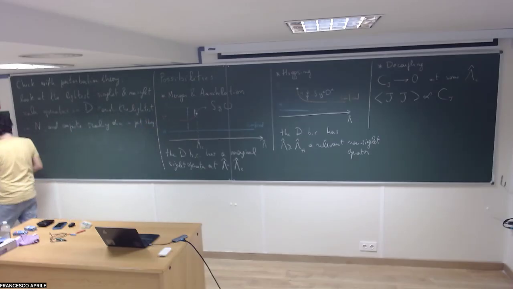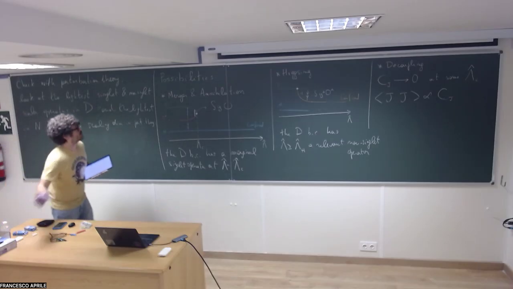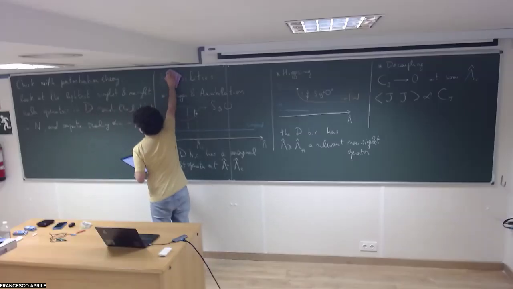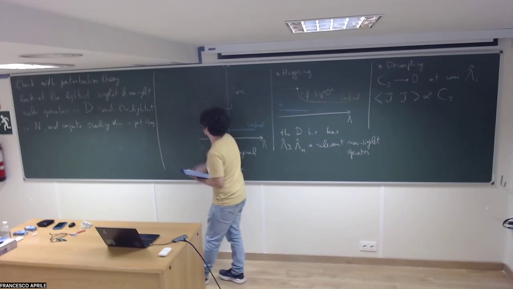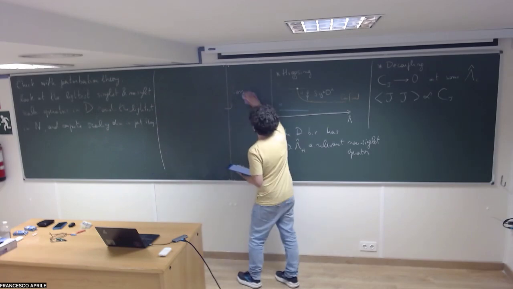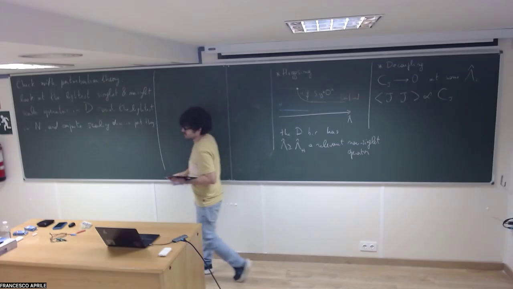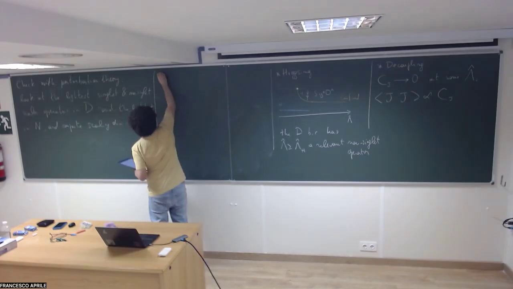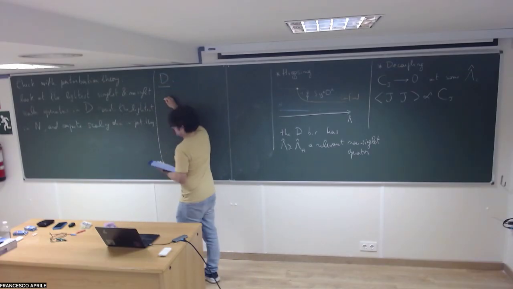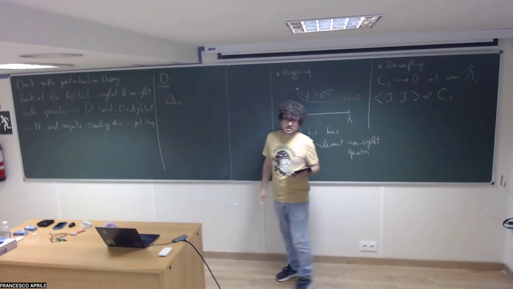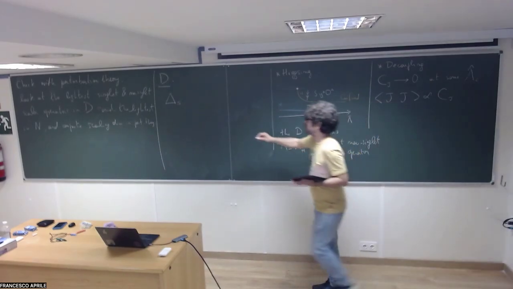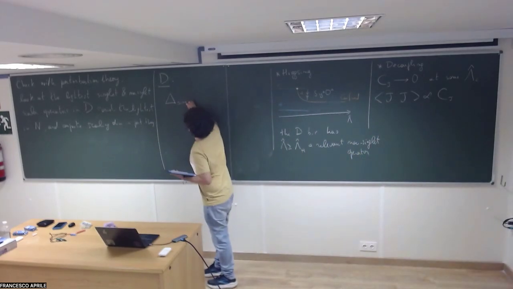So what are these operators? Maybe I first say the results. So for D, the results of this. So delta S, by which I mean the lightest singlet, and then we call it sing for all this.